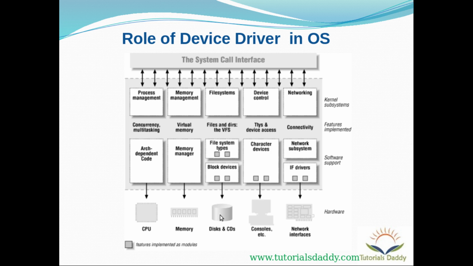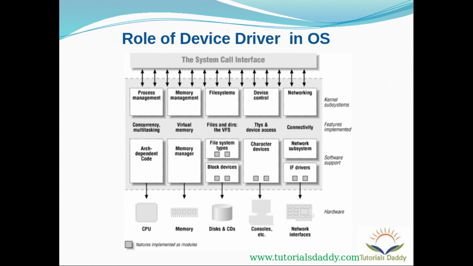Then we have disk and CDs connected to the system, a console, and network interfaces. So we have different devices connected to the system. As I mentioned in the previous slide, to handle each hardware device connected to a system, we need a device driver to control that particular device.